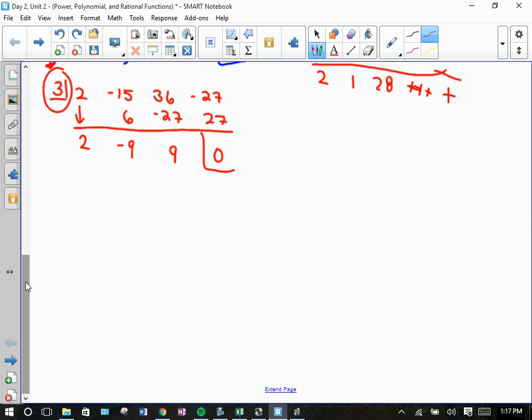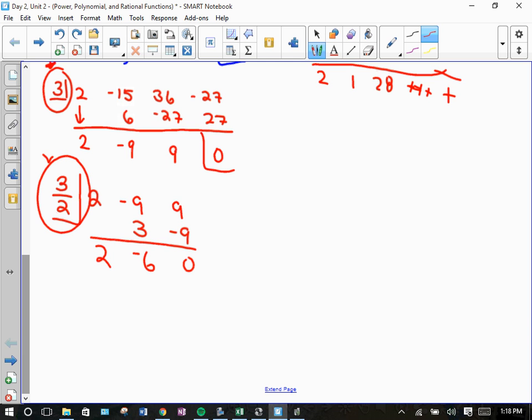We have 3/2, and 2, -9, and 9. And you bring 2 down. 3/2 times 2 is 3. That's going to be -6. 3/2 times -6 is going to be -9, 0. So that tells us that 3/2 is also a zero.